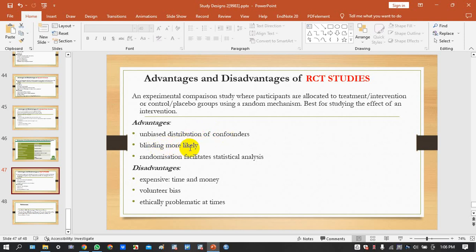Blinding is more likely in a randomized control trial. I showed you how blinding is done. You hide information from the investigator or even the participants. Participants don't even know where their information is going, because their names will not be used; they will be assigned code numbers.